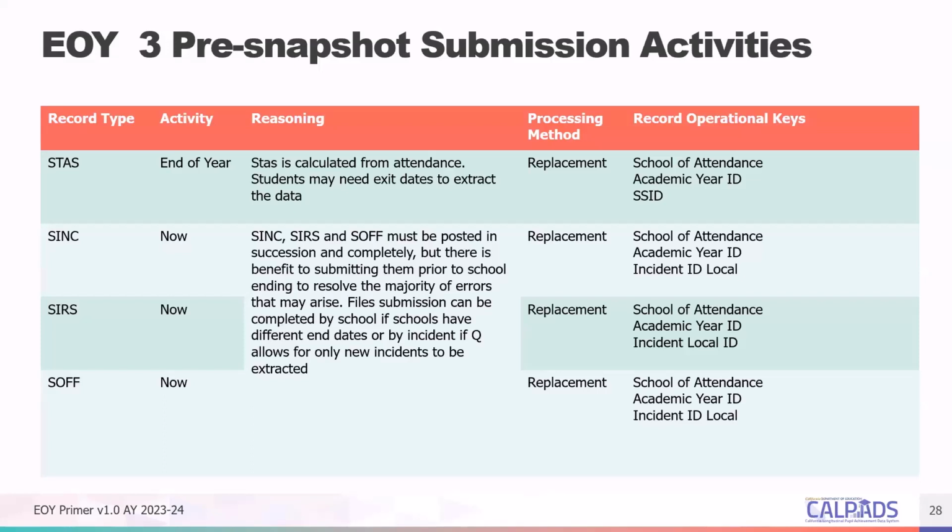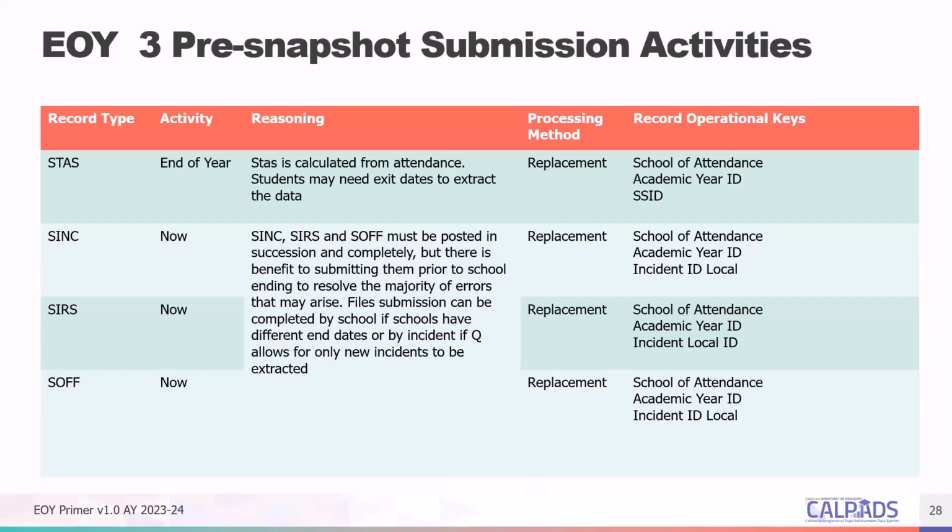Or second, updates can be made by only extracting new incidents with previously unreported incident IDs. Of course, this second method depends on your expertise and your student information system functionality, but at the very least, an early submission of the 3 file types will allow you to spot potential errors or inconsistencies as long as you understand the relationship and necessity of all 3 files.